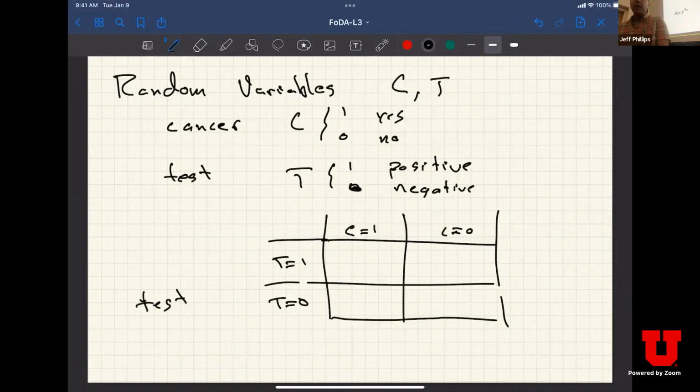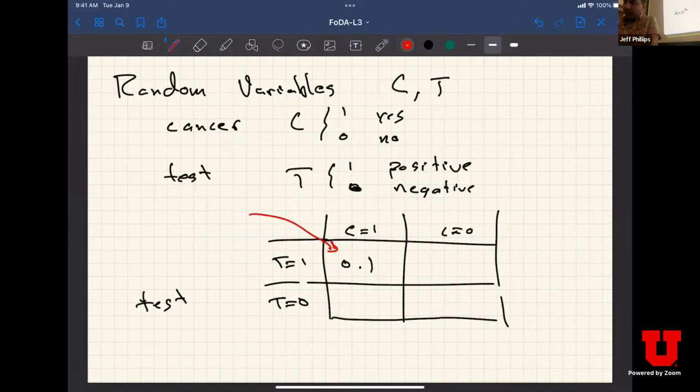And so if someone thinks they need a test and they actually test positive, then you might say the probability that they have cancer and they test positive for cancer might be 0.1. That would mean both are occurring, so probability 0.1.